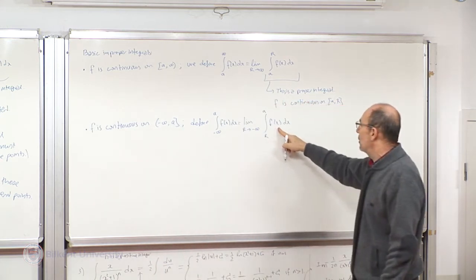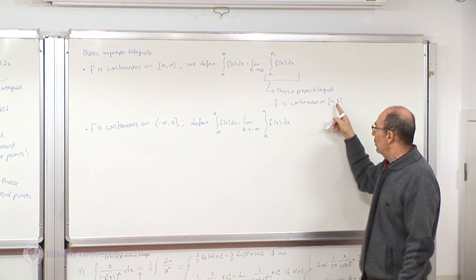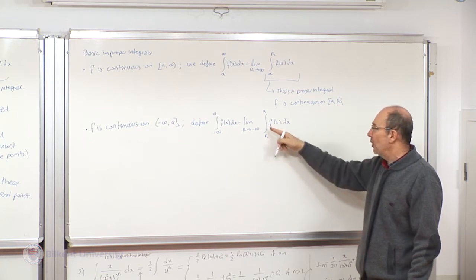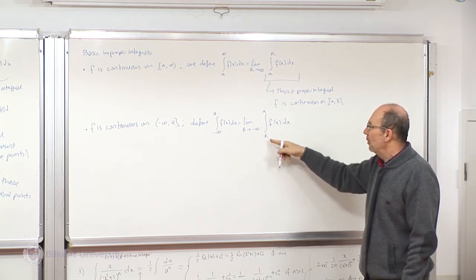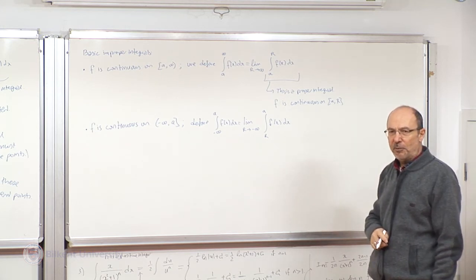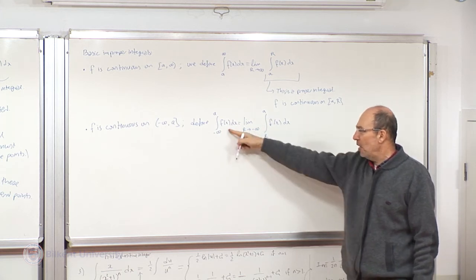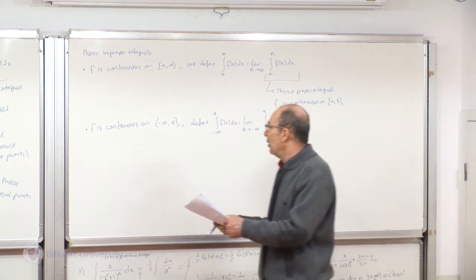Okay, so again, this is a proper integral. f is continuous on [r, a], a closed interval. Okay, you calculate this, you get an expression in terms of r, and then you check if the limit exists or not. If the limit exists, that's this number. If the limit doesn't exist, then this doesn't exist.